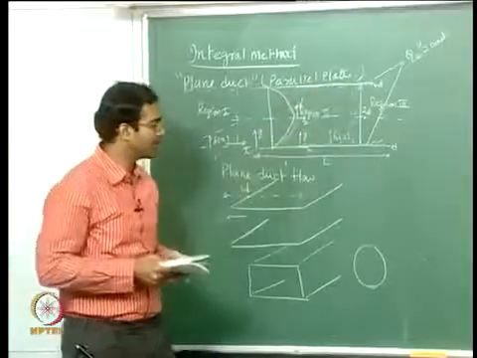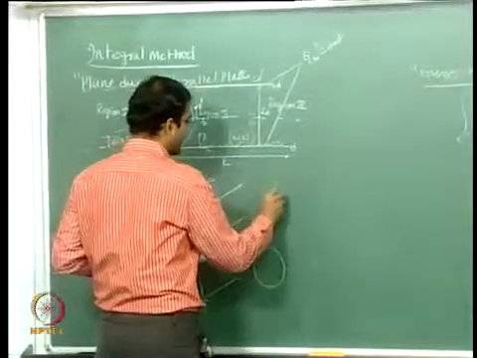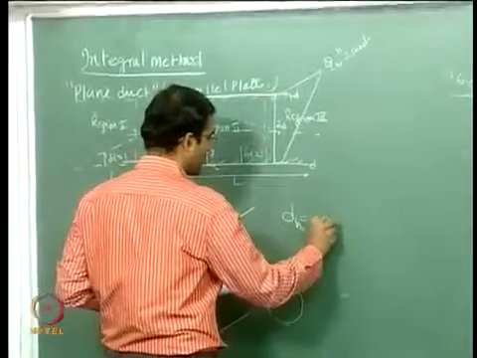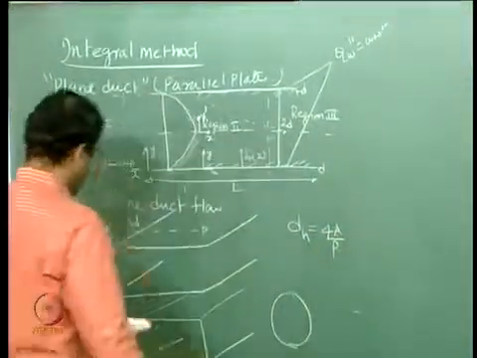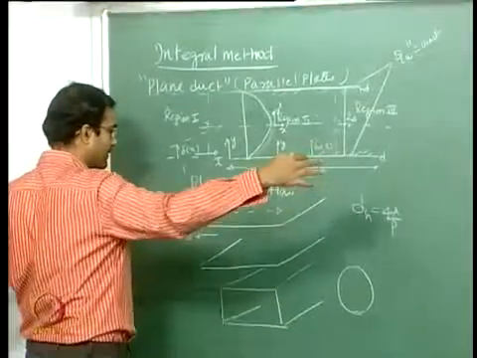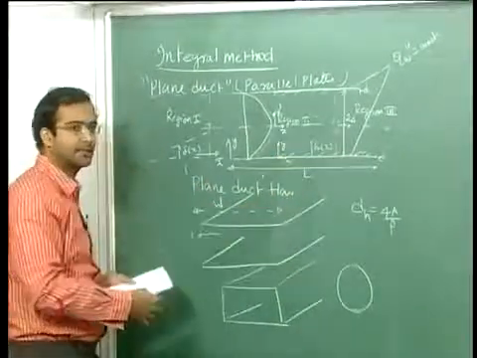We will use the definition of hydraulic diameter, which is 4A by P. If you look at the plain duct, imagine the width is very long in the z direction.